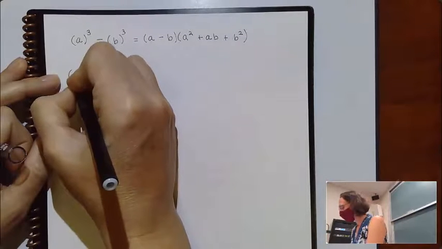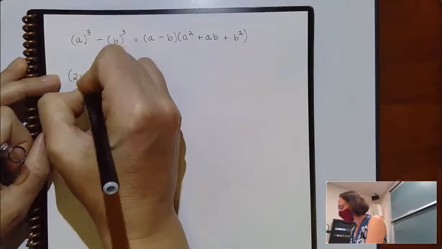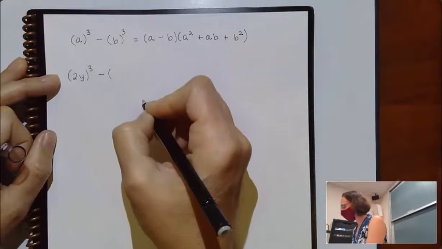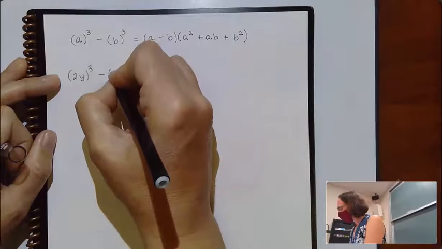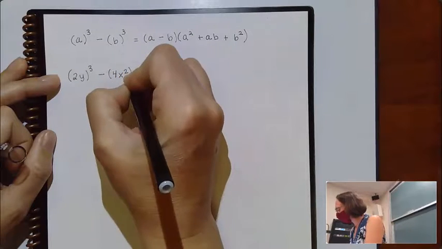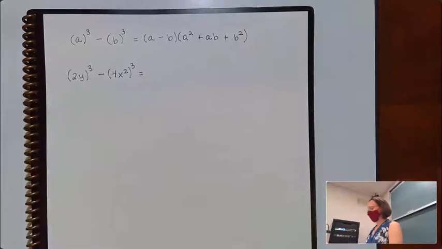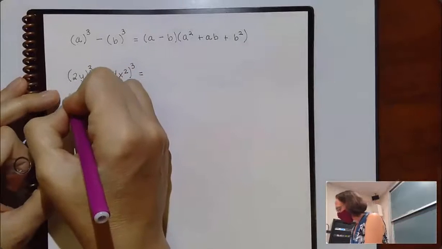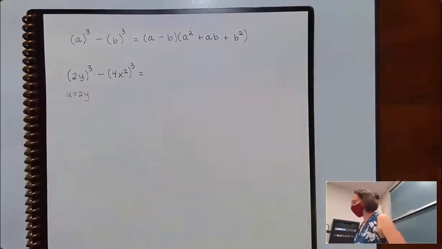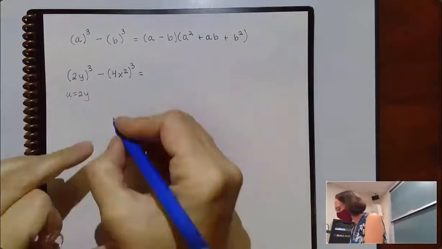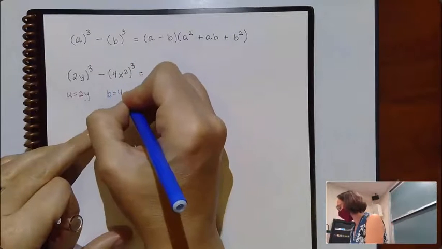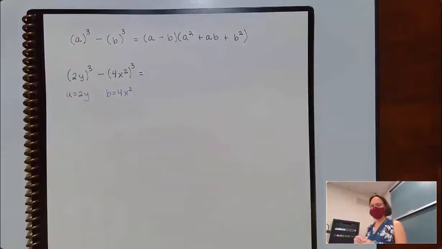If this said 2y cubed minus 4x squared cubed, then in terms of this formula, A is equal to 2y, and B is equal to positive 4x squared, because that's what's in the parentheses.